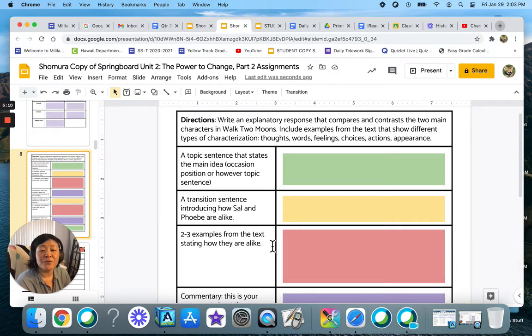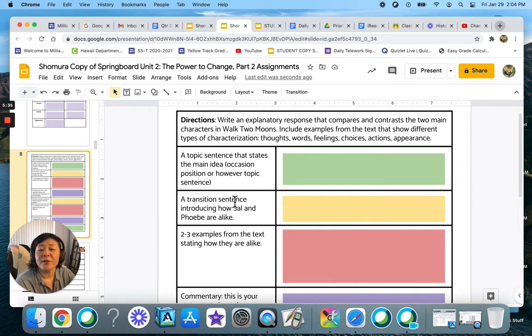Include examples from the text that show different types of characterization: thoughts, words, feelings, choices, actions, appearance. So, if you look on this column, it says a topic sentence that states the main idea. So you're going to either do an occasion, position, or however topic sentence. You're going to type it in here.